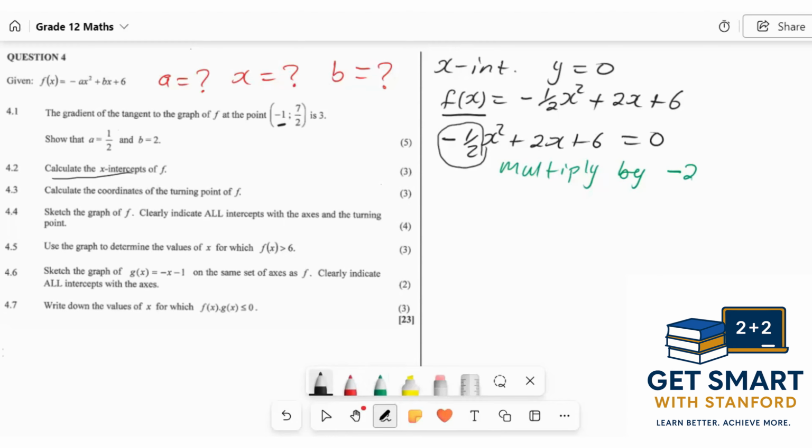If we multiply each term by negative 2, we will have minus 1 over 2 times 2 x squared plus 2 times 2x plus 6 times 2 equals 2 times 0. Because what you do on the left hand side, you also do on the right hand side.